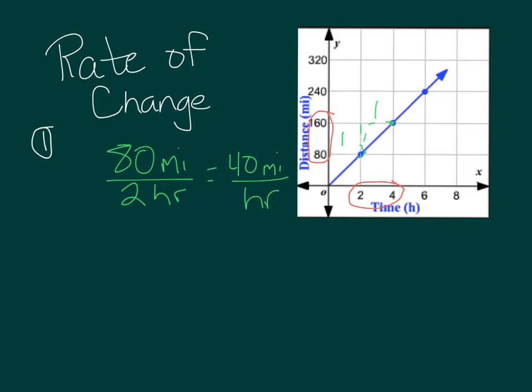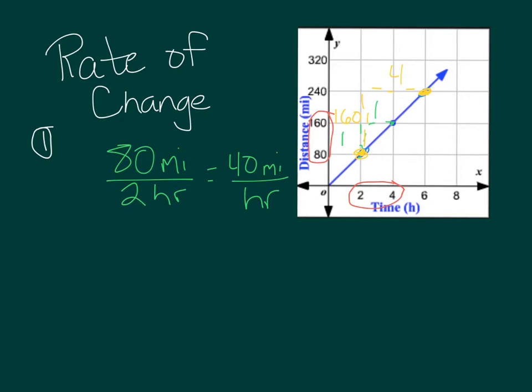Now, I don't have to pick those 2 points. I could have picked this point and this point. Let me do a different color there. I could have used this point and this point, okay? So I do this, that would show a change of like from 80 to 240, that is 160, and then this is worth 4 here.